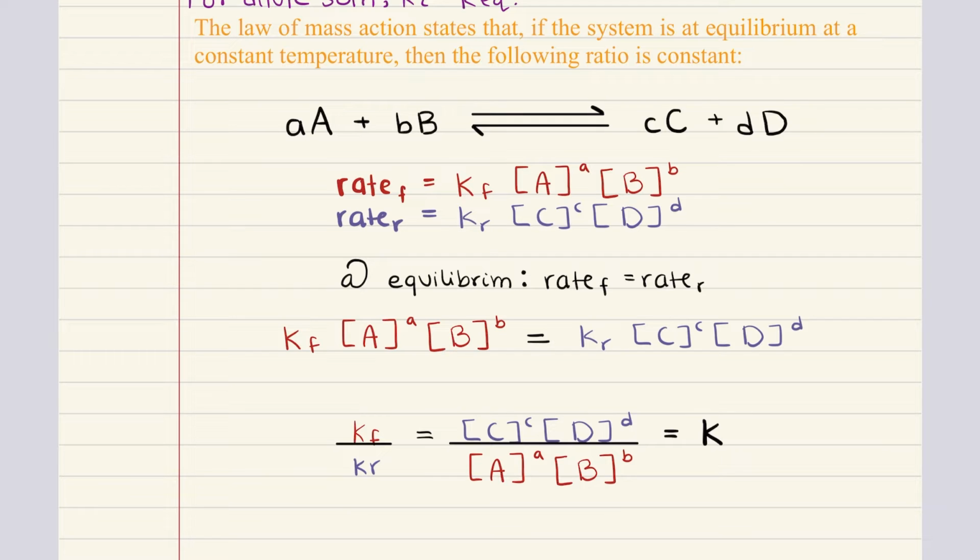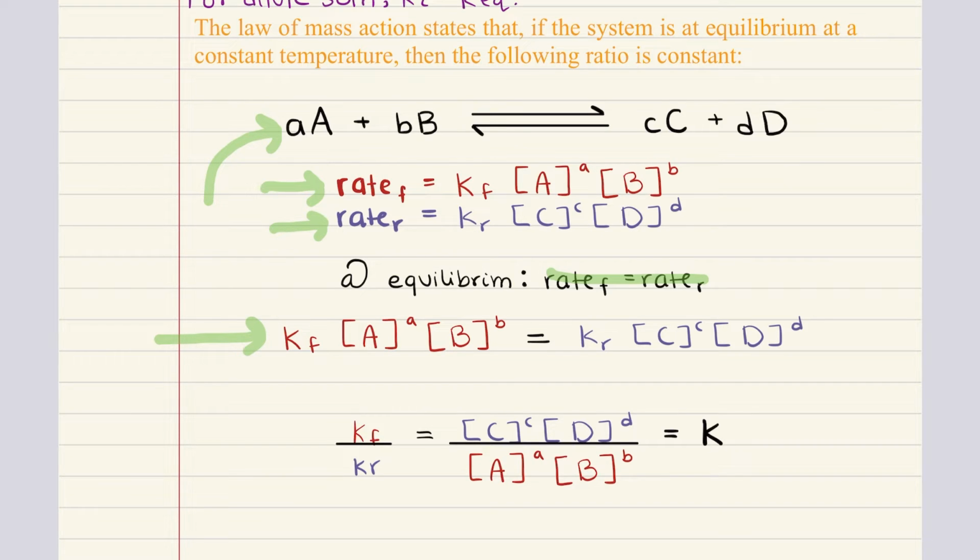Now, because of the law of mass action, for our generic reaction, we can write the rate of the forward reaction, and we can write the rate of the reverse reaction. At equilibrium, the rates of the forward and reverse reactions are equal, and that allows us to write the following expression you see here. If we rearrange this equation, it'll give us the equilibrium constant expression.